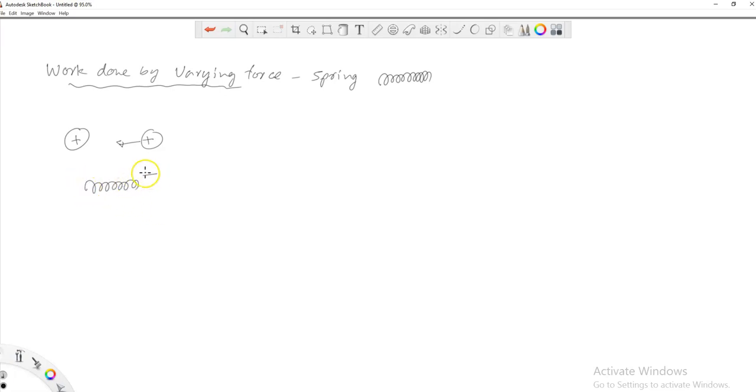You try to apply a force and make it compress, make it smaller. So the spring is going to push back, and the amount of force depends on how much you try to compress it, the distance you try to compress it, right? Same thing here.